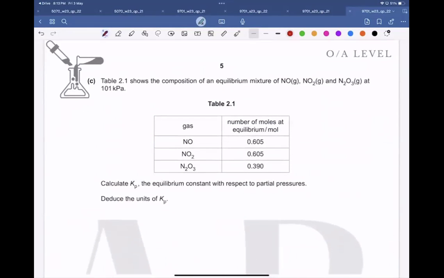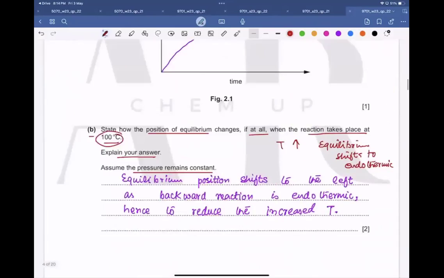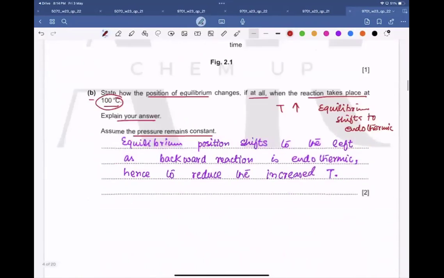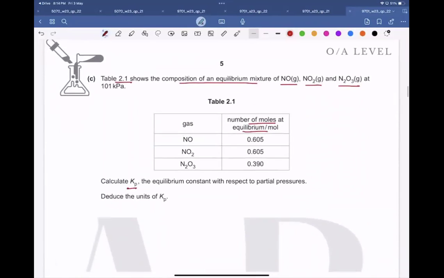Now, table 2.1 shows the composition of an equilibrium mixture of nitrogen monoxide gas, nitrogen dioxide gas, and dinitrogen trioxide gas. They have given you the number of moles at equilibrium, and here we have the equation. Calculate the Kp, the equilibrium constant with respect to partial pressures. So let me write the equation.